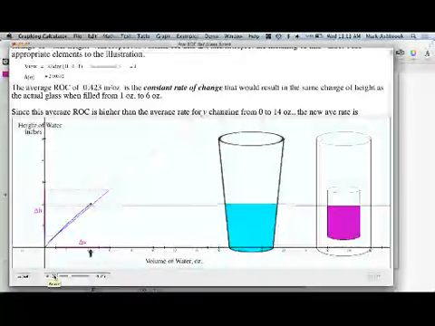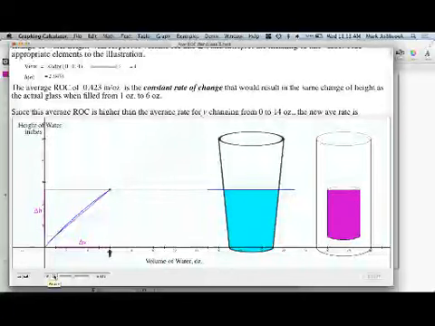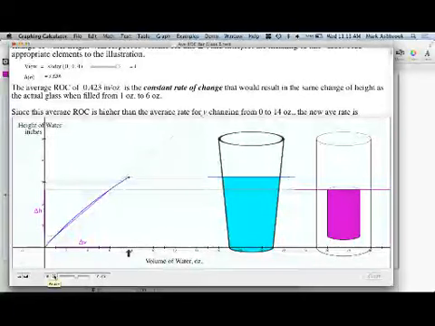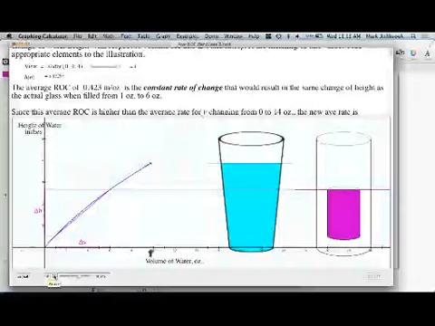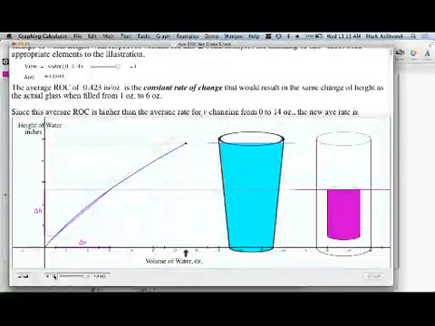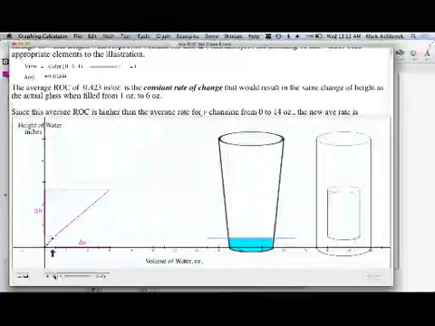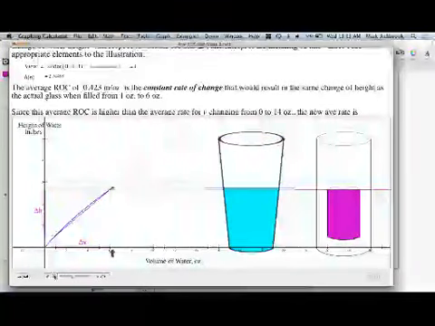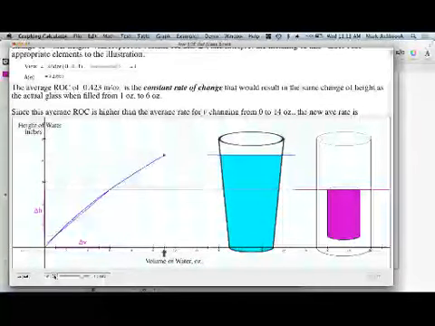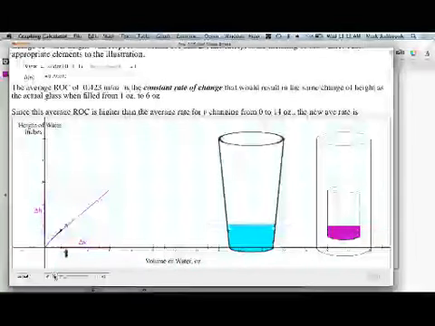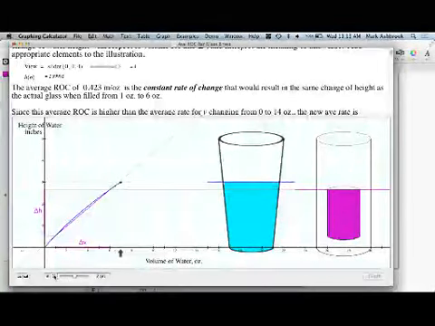Now compare the two, as we go through this from 1 to 6 ounces, compare the two changes in height, compare the two heights of these two glasses, the actual glass and our fictitious glass. How do they compare? What do you see? How do those two heights compare for this 1 to 6 ounces? It's closer.